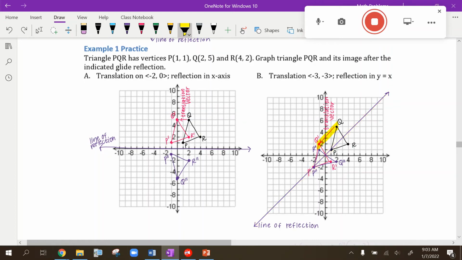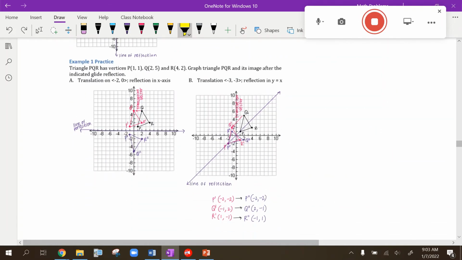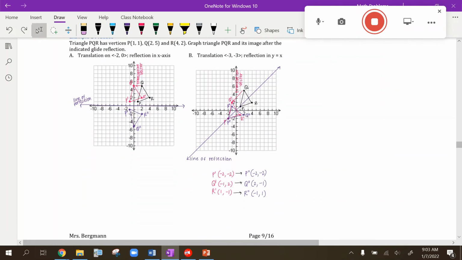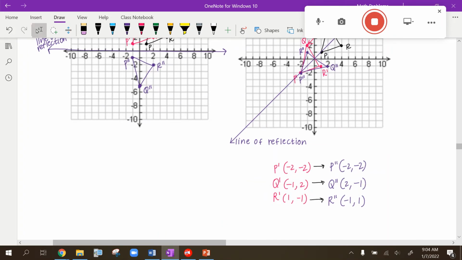That's what makes this a glide reflection. Now, if it helps, it sometimes might be necessary to write out the points. For example, that's what I did here when I was reflecting over y equals x so that I could figure out when I switch x and y, what are my points going to look like.